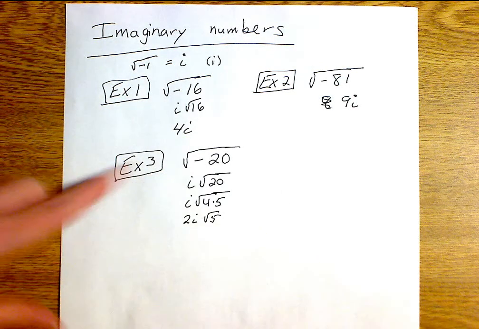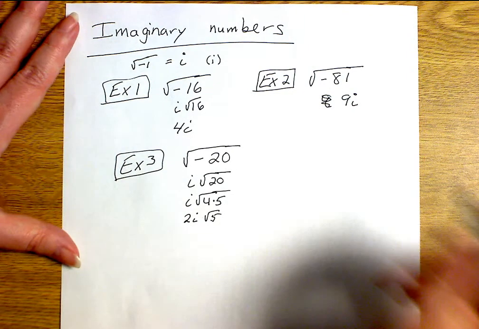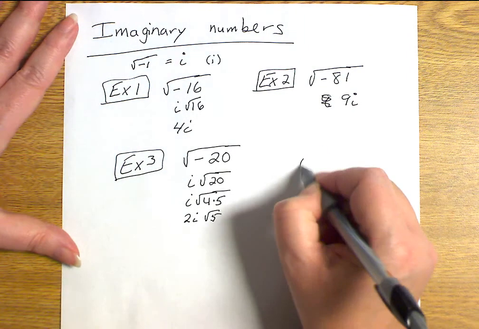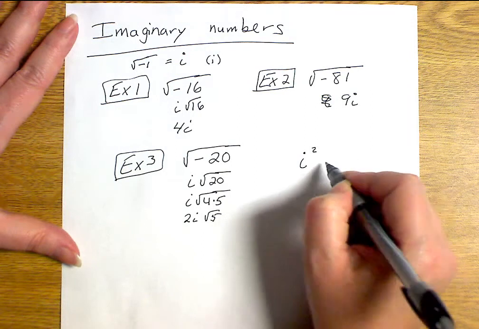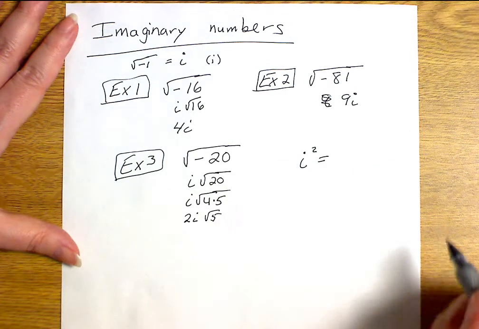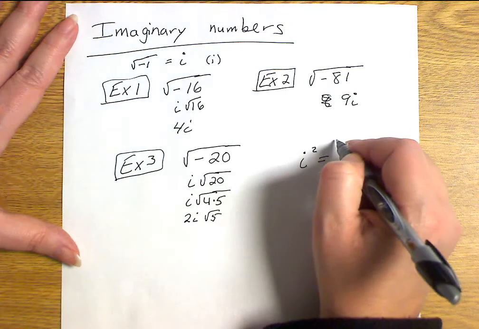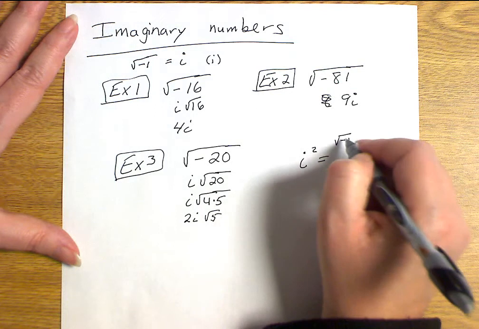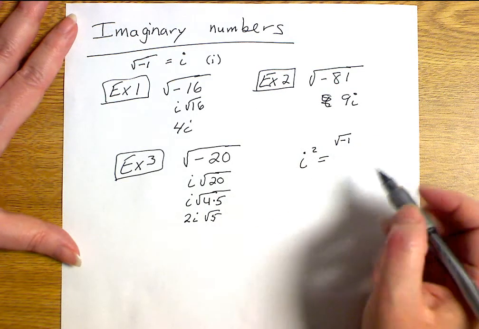All right. The next thing that I have to let you know is i squared. First of all, we have the square root of -1. What was the square root of -1? Did I just tell you? It's i.